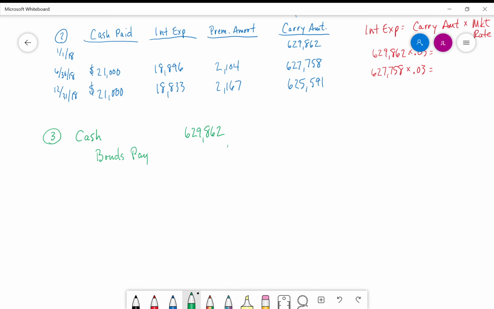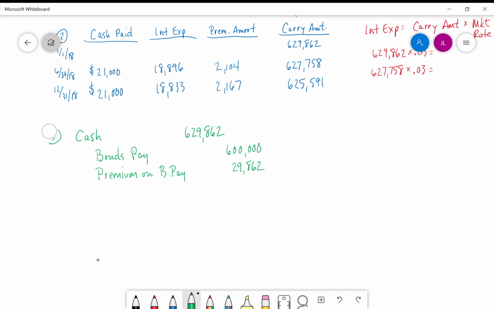We will credit that for the $600,000, and the difference between the two is our premium on bonds payable. The difference is $29,862. So there's the issuance of the bond.